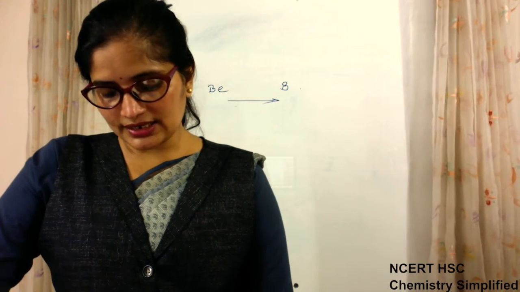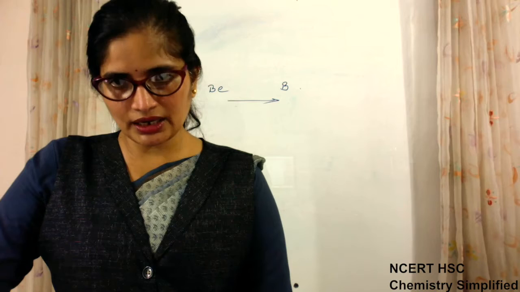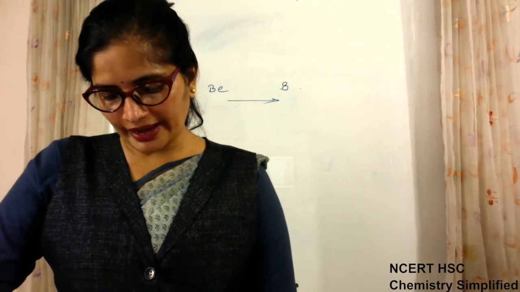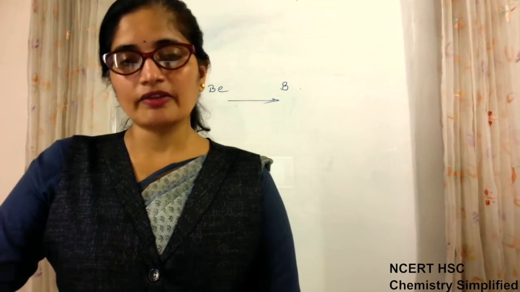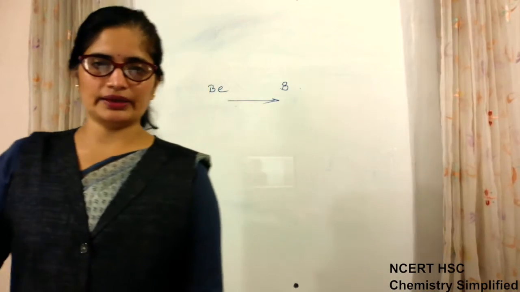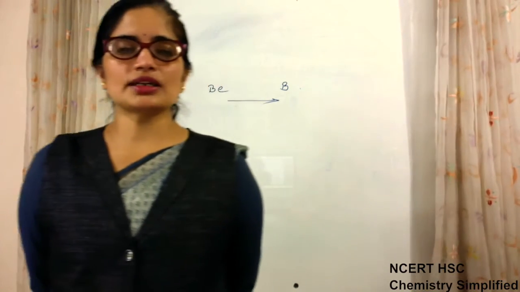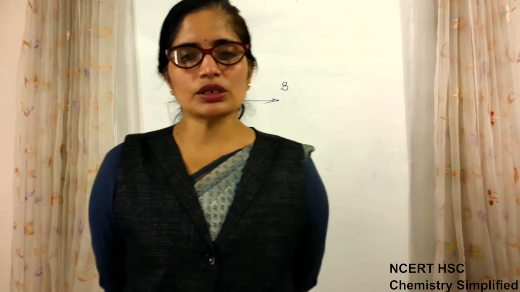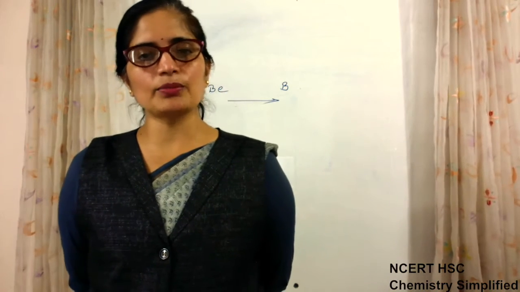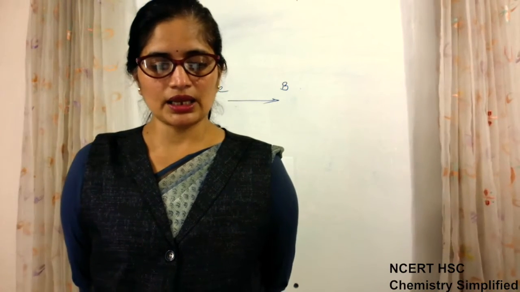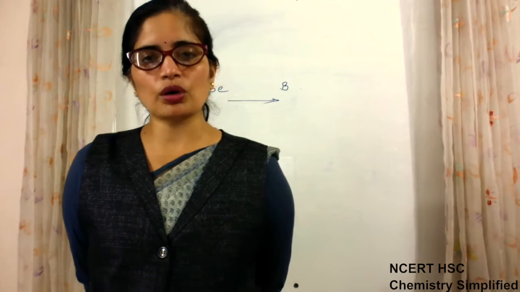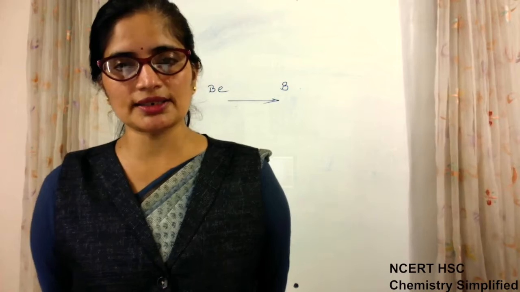Why is second ionization enthalpy, delta IH2, of an element more than its first ionization enthalpy? Okay, so this reason also I had explained to you, because when one electron is already removed from it, now the number of protons is more than the number of electrons, so the nuclear attraction is more.